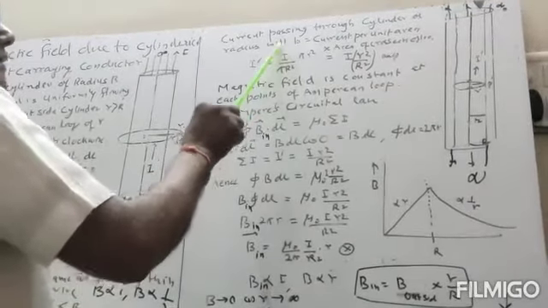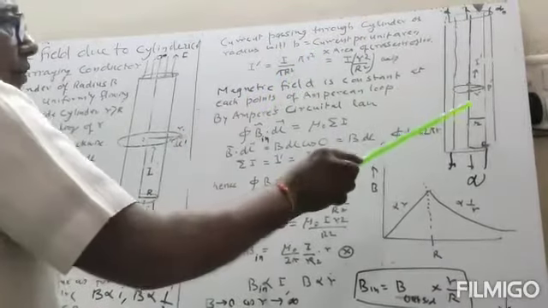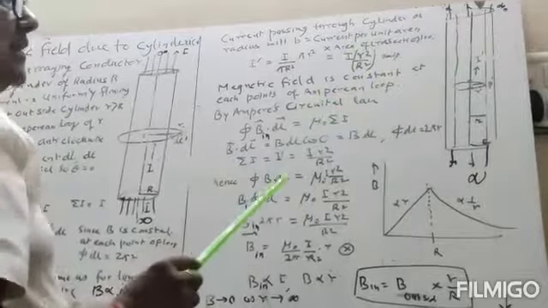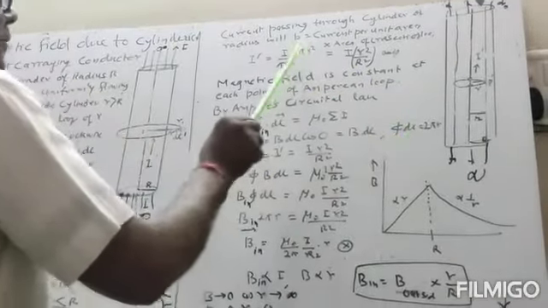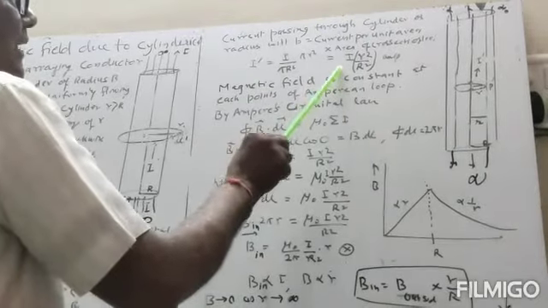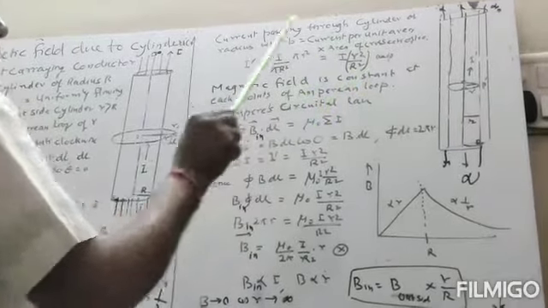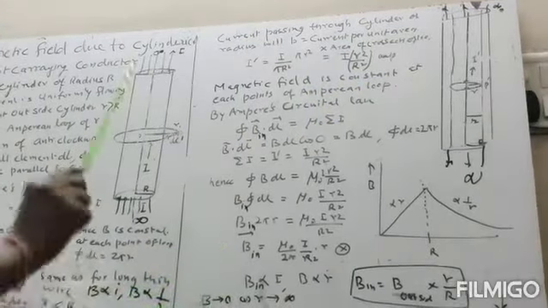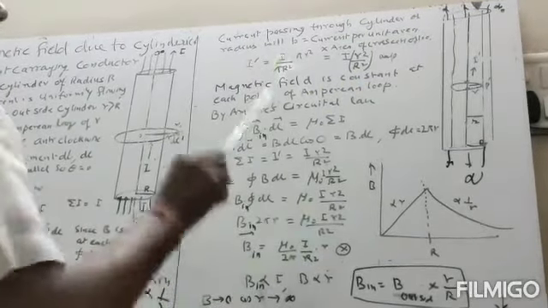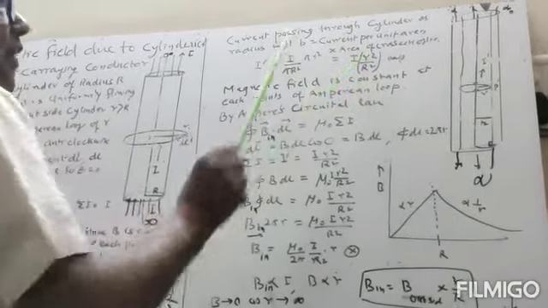This is the current density, and we multiply by the area of cross section of the cylinder whose radius is small r, pi r square. Pi will cancel, and this will be equal to I into r square divided by capital R square. So this current will definitely be less than I, because capital R is more than small r.